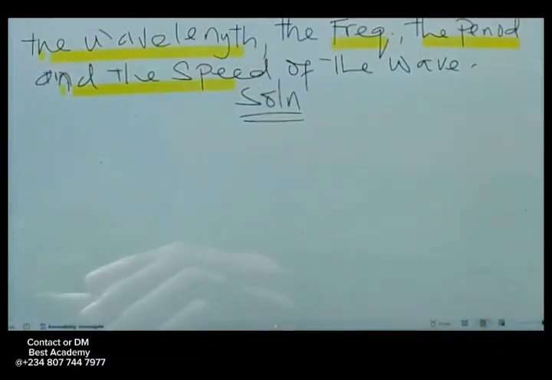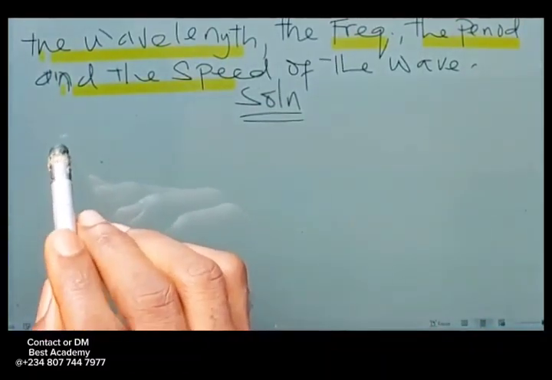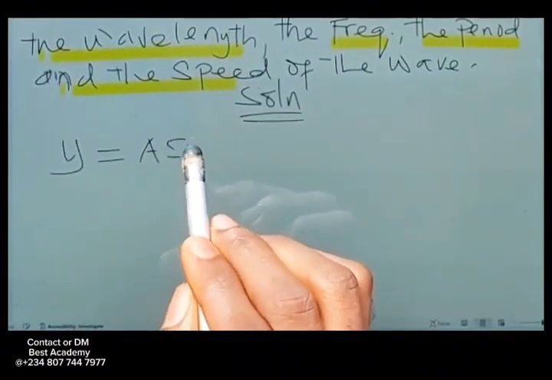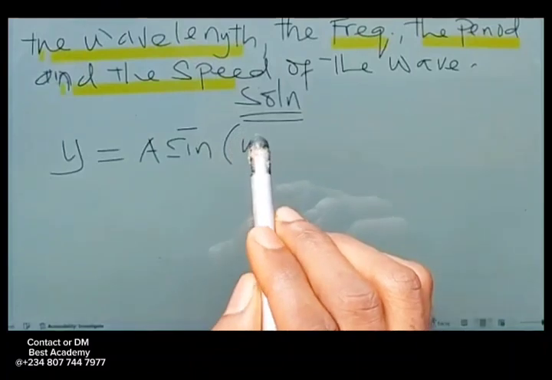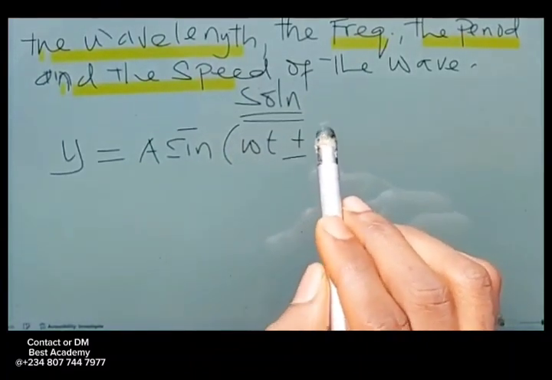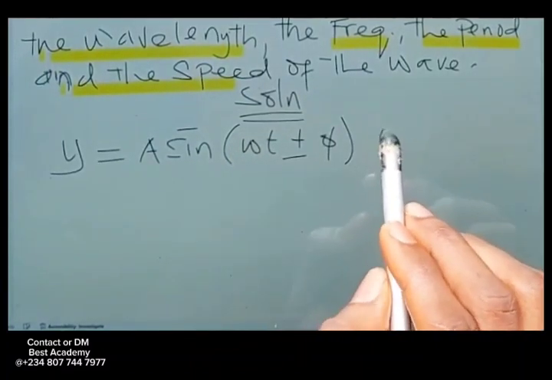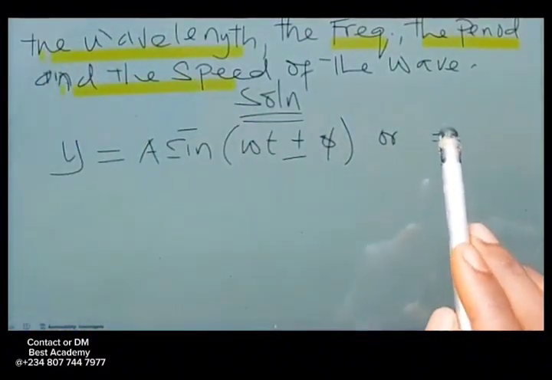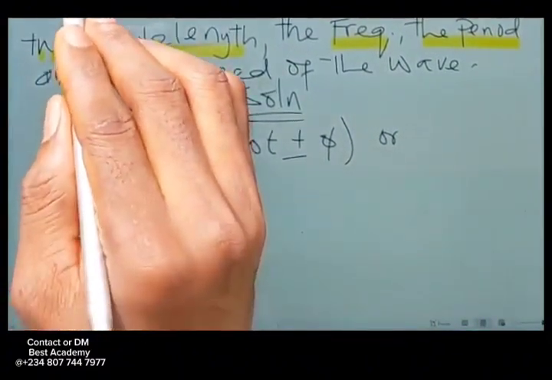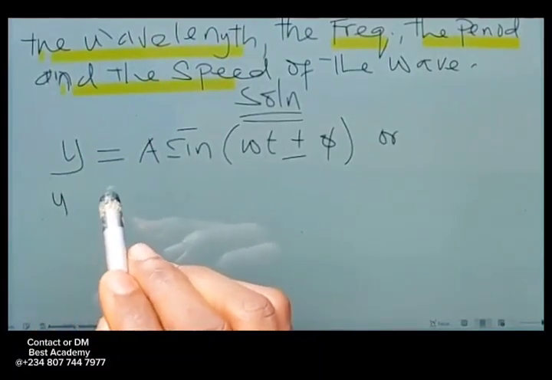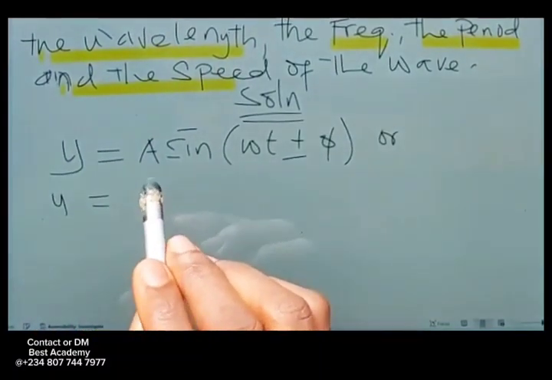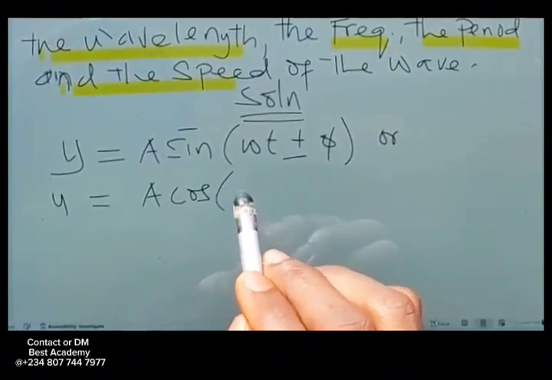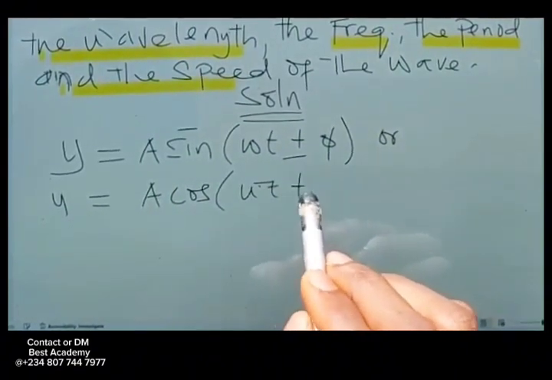We all know that the standard progressive wave equation is y is equal to a sine of omega t plus or minus phi, or y is equal to a cos of omega t plus or minus phi.